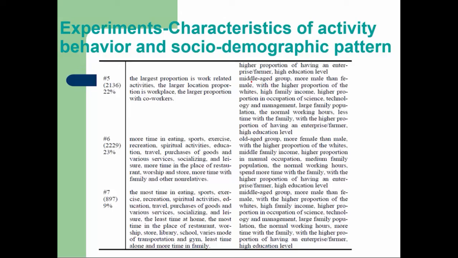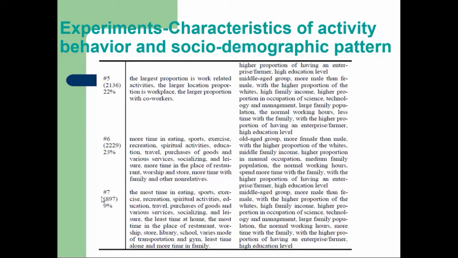They are middle-aged group, more male than female, with a higher proportion of the white, high family income, so they are typical working people. Cluster 6. They are old age group, more female than male. Middle income. They have more time in eating, sports, exercise, etc. So they are old middle-class people.